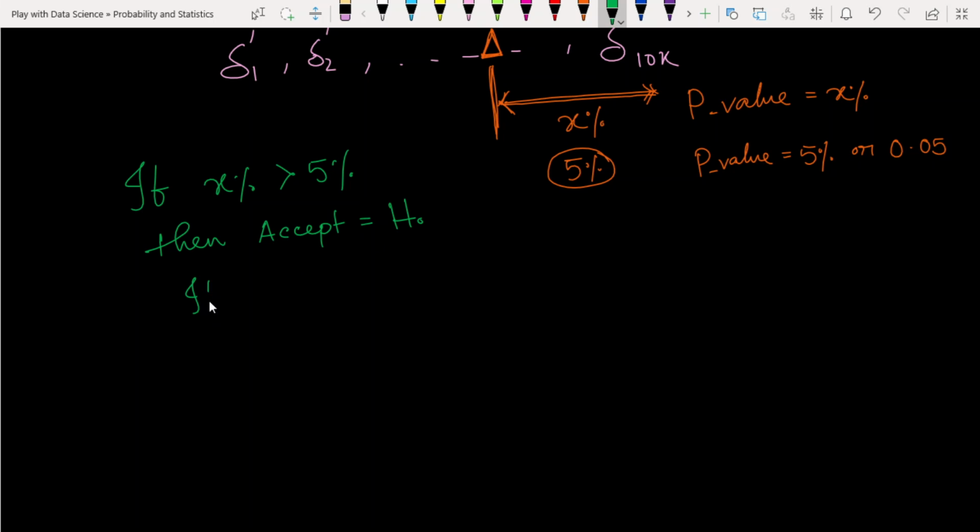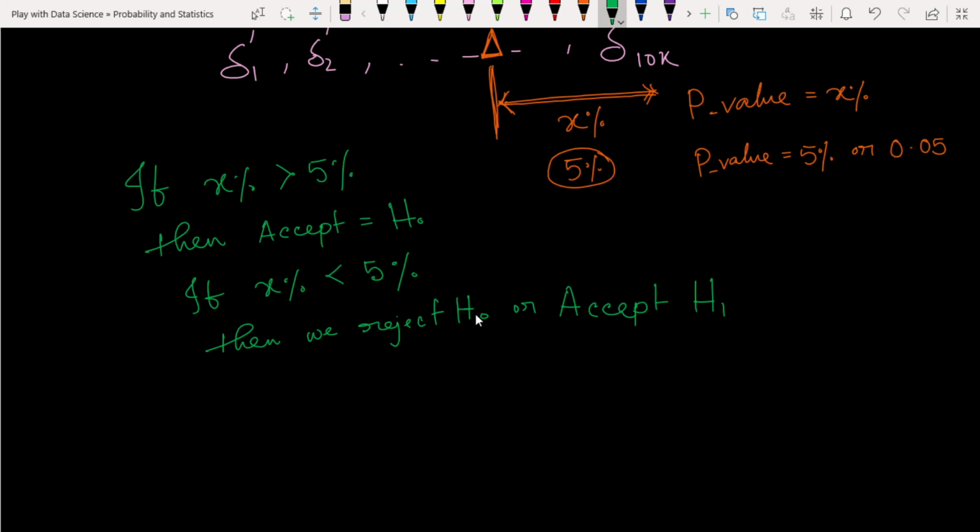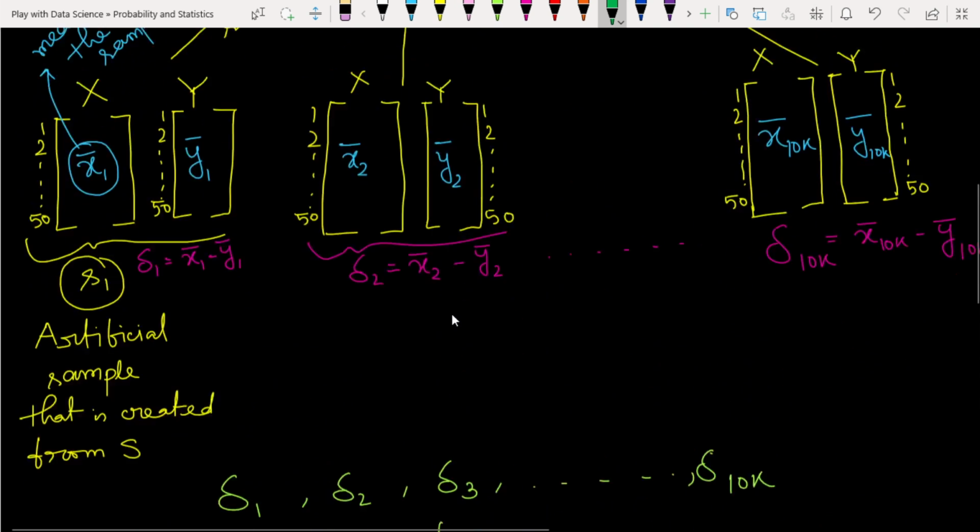If x percentage is less than 5%, then we reject the null hypothesis, or accept the alternative hypothesis. It's the opposite of this. I think you got the idea from here.